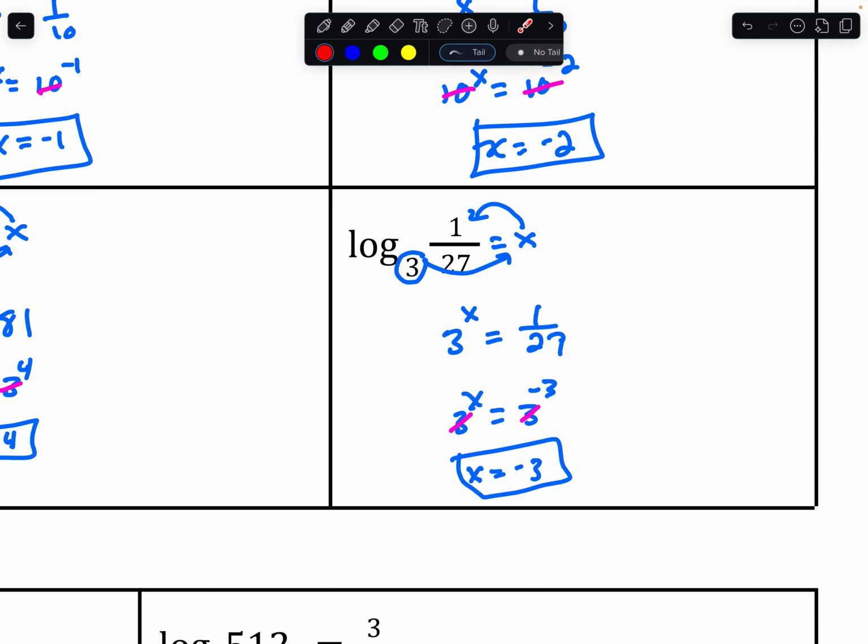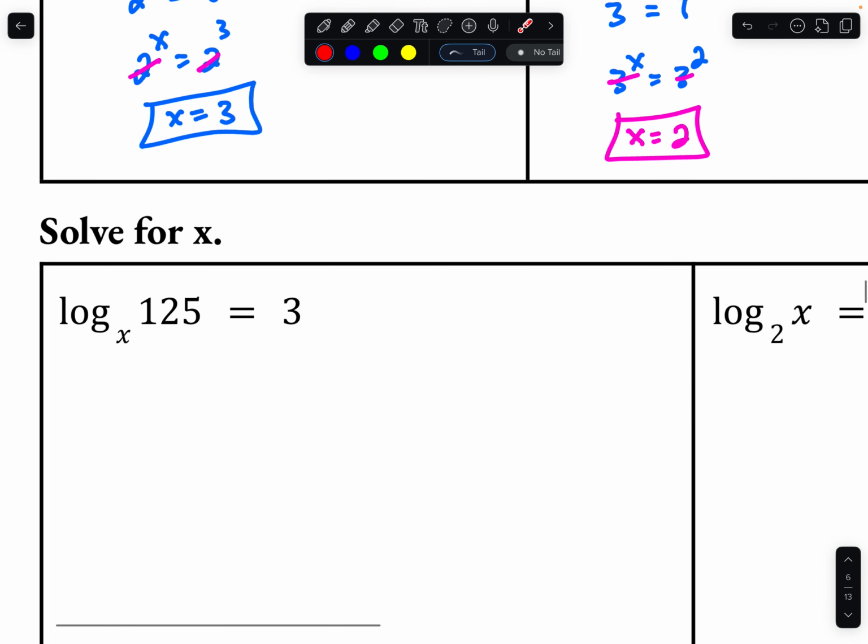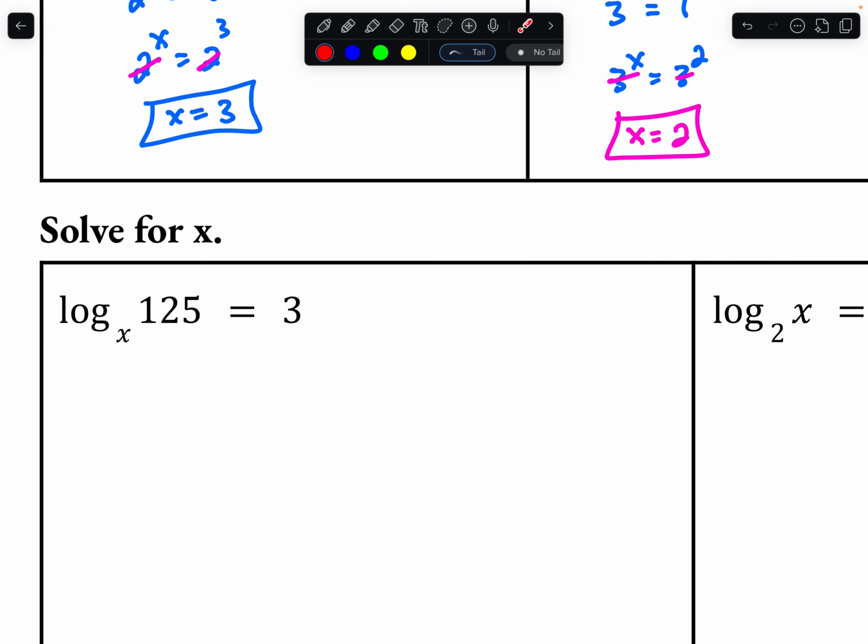Okay, so these are expressions. And now we're running into equations, where we have an equal sign. When you have these equations, it's best to just follow your rules. So I've got x raised to the third power is 125. What number to the third power is 125?